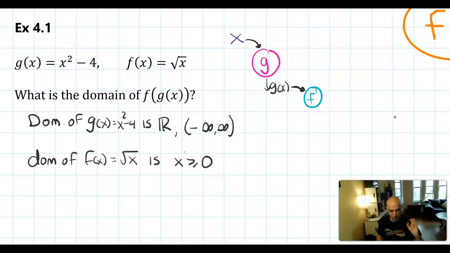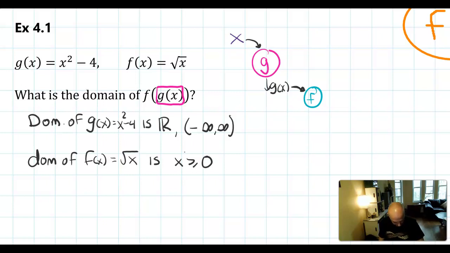The domain of the square root function is x greater than or equal to 0. But I'm not putting x's into f of x. I'm putting g of x's into f of x, right? Because I'm doing f of g of x.